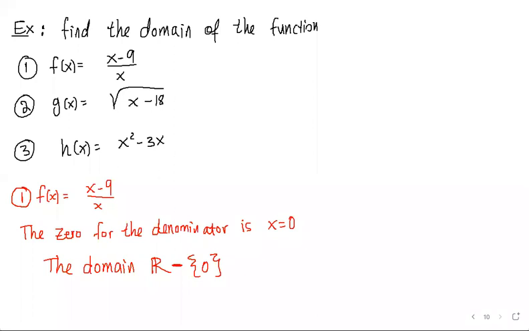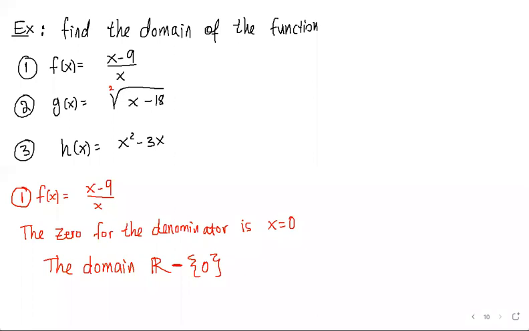Find a value that would make sure that it's not a negative number inside. Yes, perfect. So for the second one, I know it's a radical, and here the root is 2.